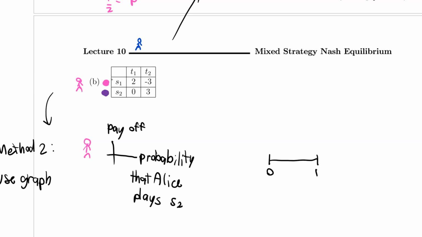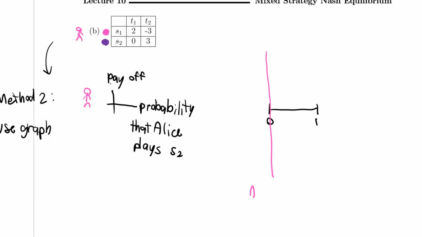So what that means is if x is 0, that means the probability that Alice is going to play S2 is 0. So that means Alice plays S1 for sure. Let me draw a pink axis here. This means Alice plays S1. Let me draw this a little bigger, so it goes from 0 to 1.